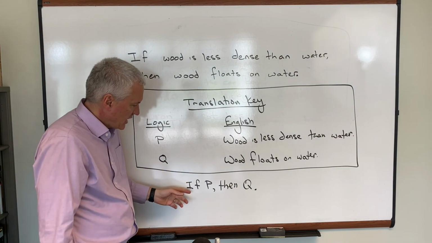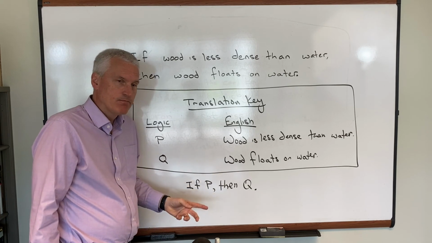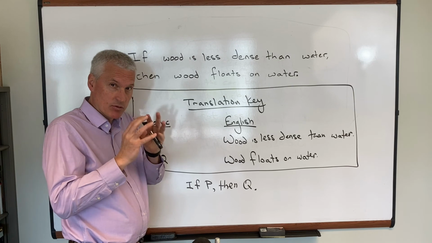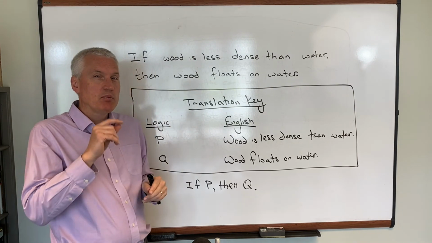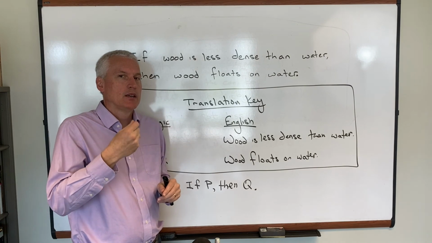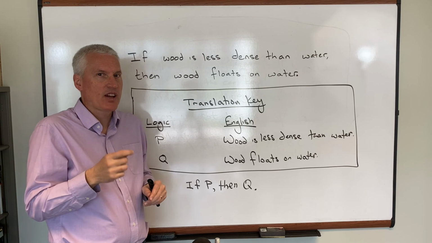Similarly, do we really want to write out if-then? We could, but it seems what we're really talking about is one kind of relationship. So what would be better for us in our logical language is if we introduce a symbol for this relationship, and then we could precisely define that symbol.